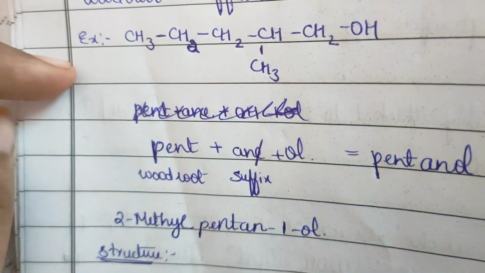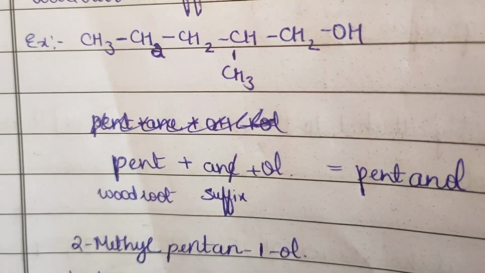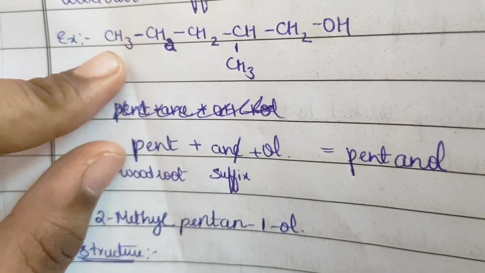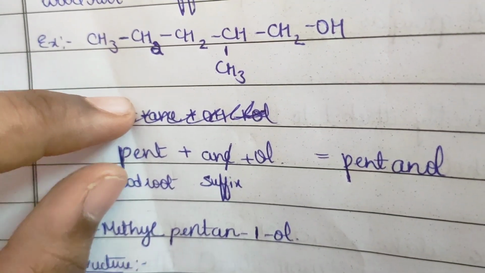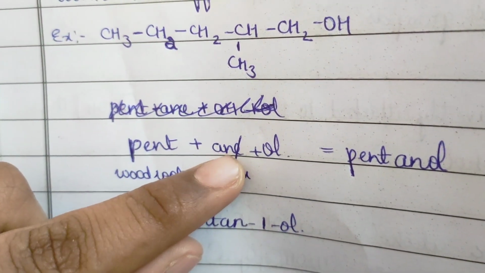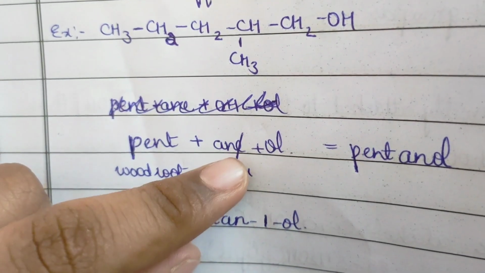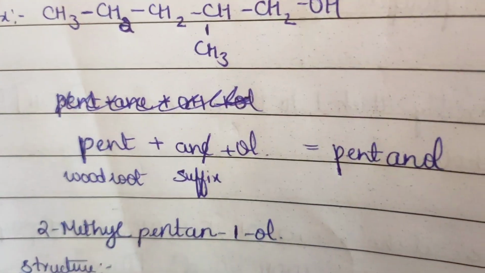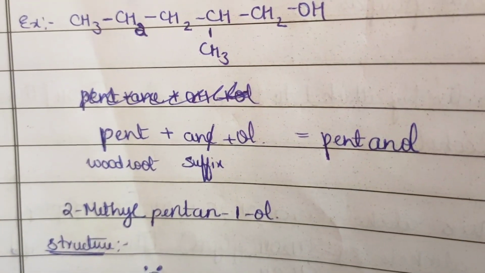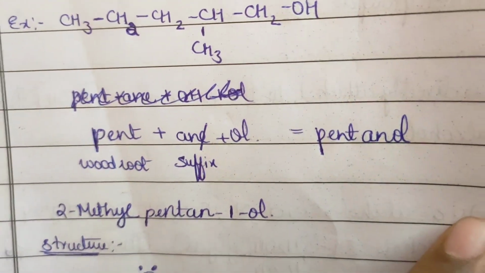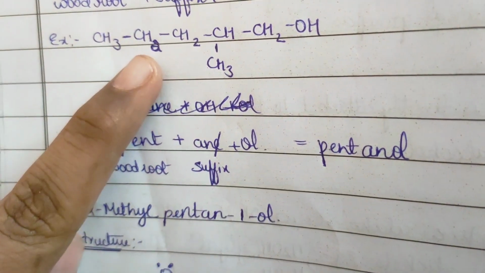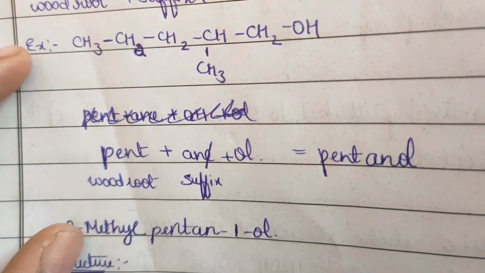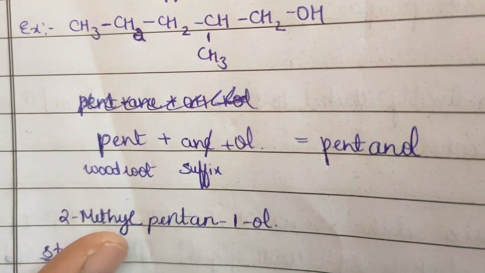There are 5 carbons in this structure, so we will name it pent. It is an alkane, so we will write an plus OL. We should not include this E, so we have to cut it. So we will get the final answer as pentanol. We have methyl here at the second carbon atom, so we will mention it: 2-methylpentan-1-ol.